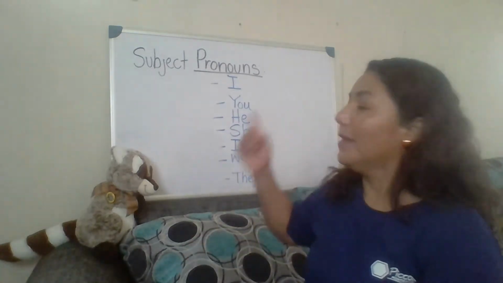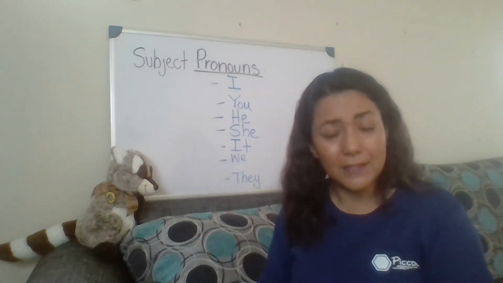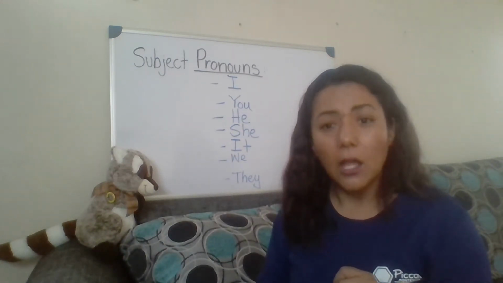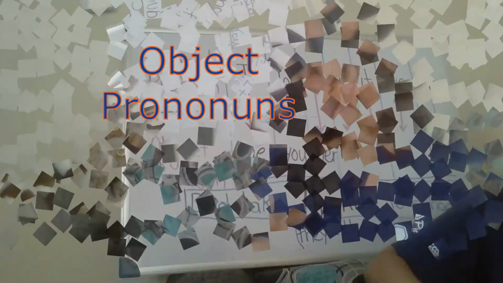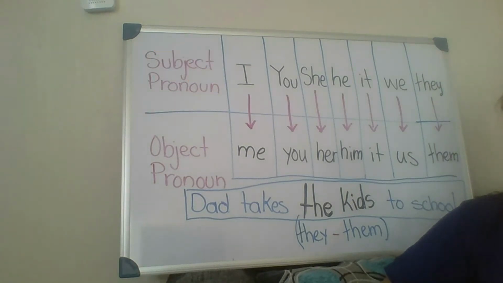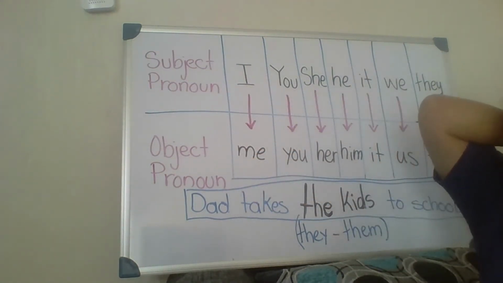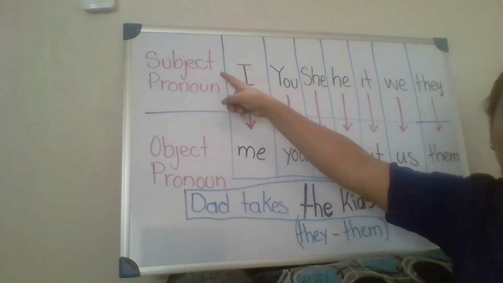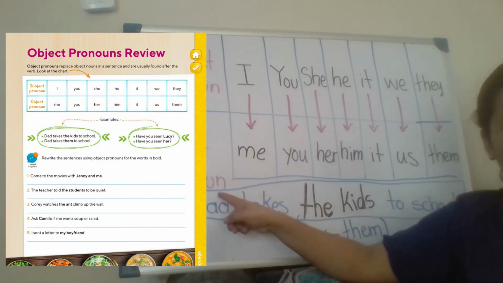Okay? Today's topic, let me tell you, is object pronouns. What? Object pronouns. Let's see what that is about. On page 101, we have a chart like this one, and it gives you a list of subject pronouns and a list of object pronouns.